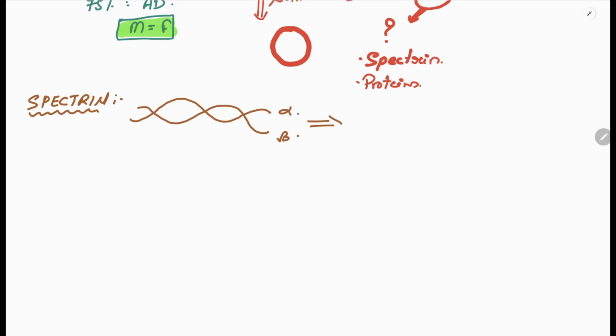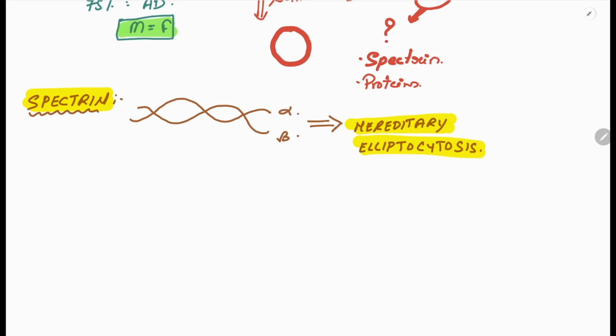If this spectrin is affected by any kind of mutation, then it leads to hereditary elliptocytosis. So this is also one of the major membrane deficiency anemias. So if spectrin is affected, it leads to hereditary elliptocytosis.